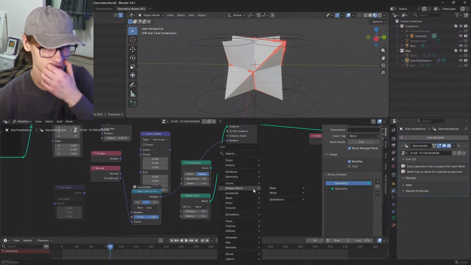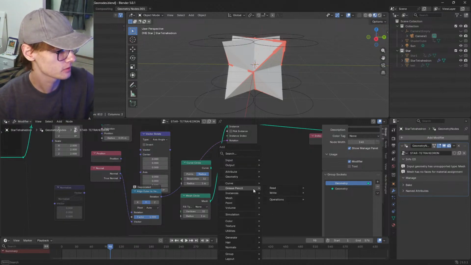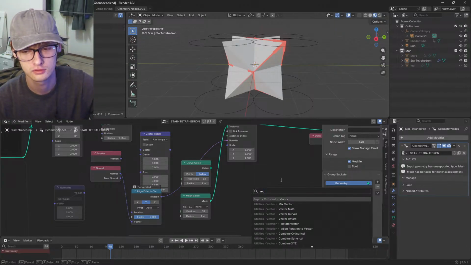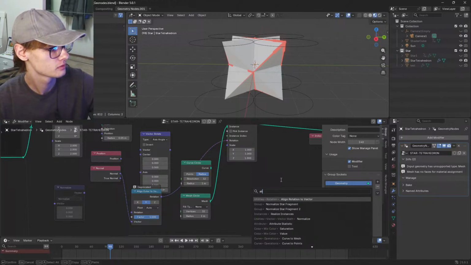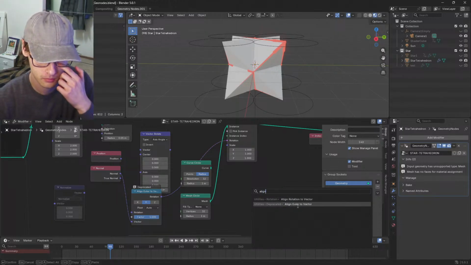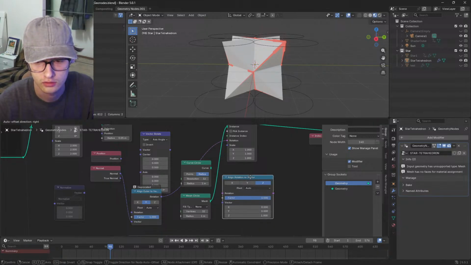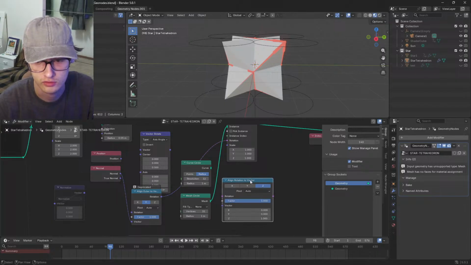Rotations are so confusing. They don't make any sense. And then they do. Align rotation to vector. What's the difference between these two?